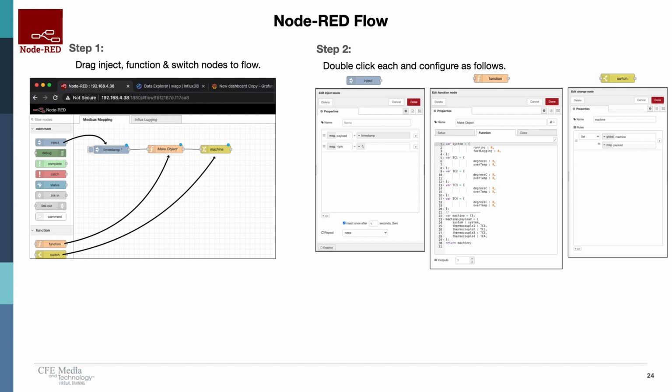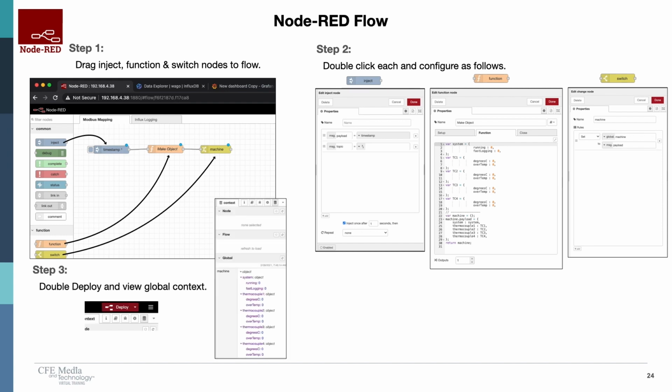Then we're going to configure the change node to take that payload and move it into a global variable called machine. If you deploy this and then monitor on the right hand side, you can view what's called context. If you look at the global variables, you will see the object that it created.